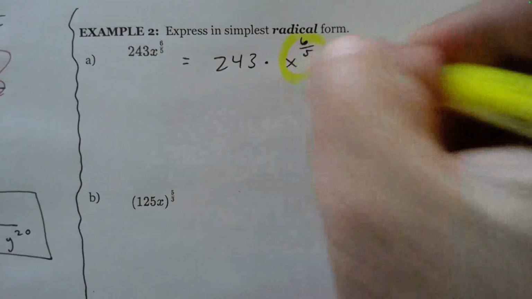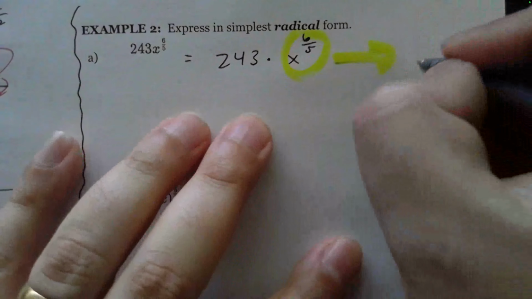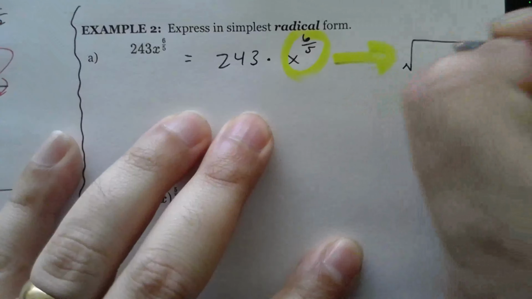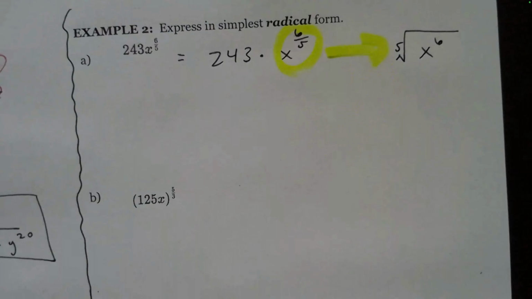The guy with the fraction power now is this guy. So I got to see if this guy has any groups. It's got a power of 6, and I'm looking for groups of 5. How many groups of 5 is it going to have? 1 group, 1 left over, right?